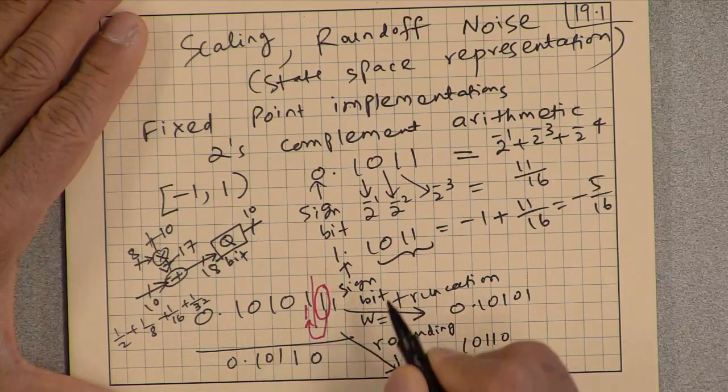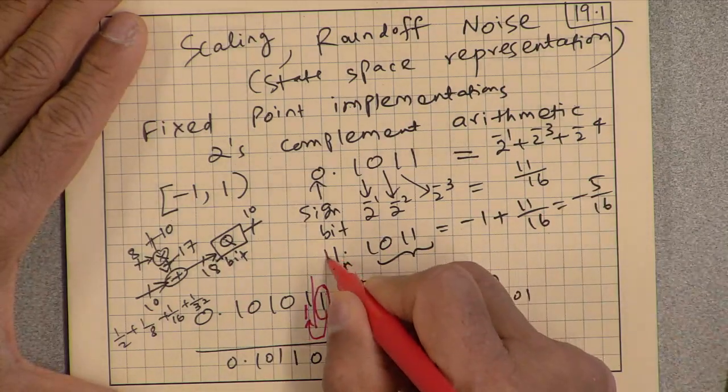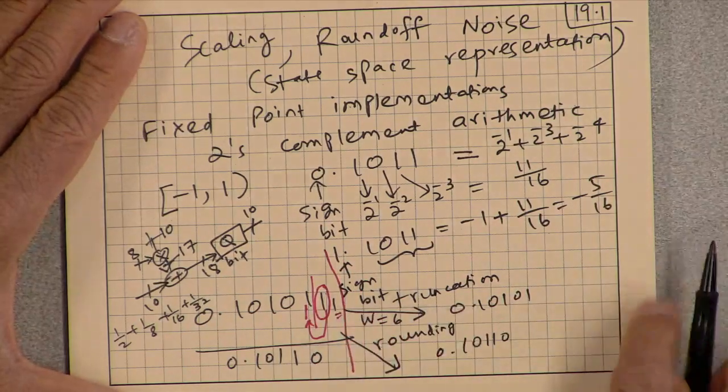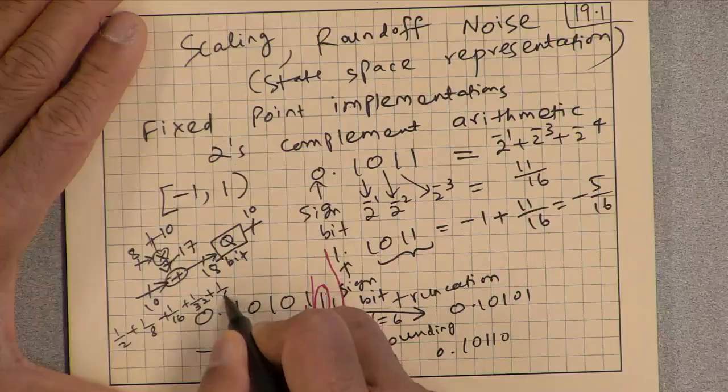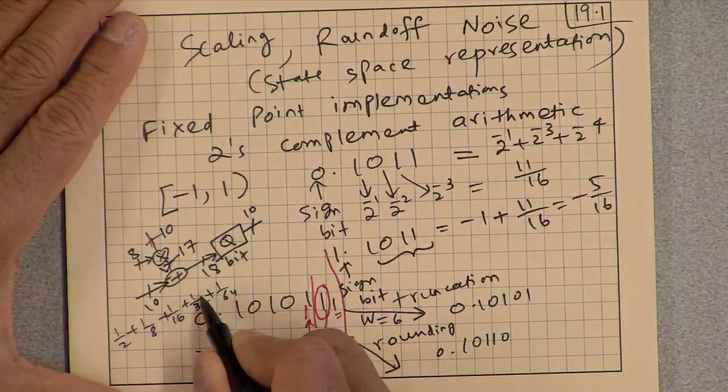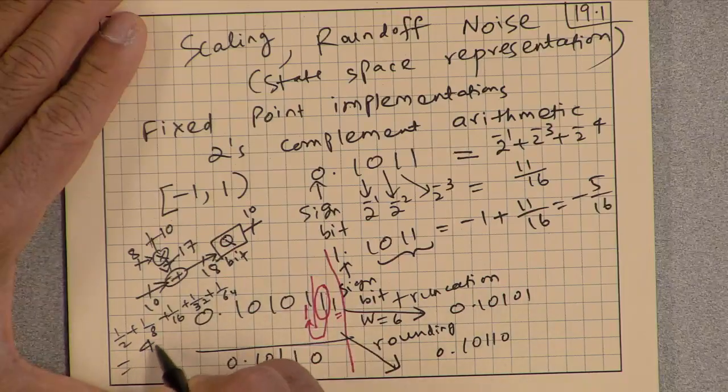Oh no, there is one more 1 here, so we shouldn't ignore that. So plus 1 by 64. That's 32 plus 8, 40, 44, 46, 47 by 64.